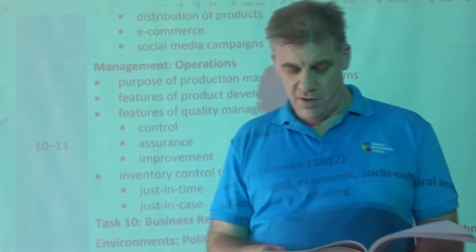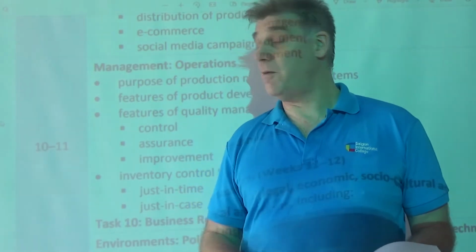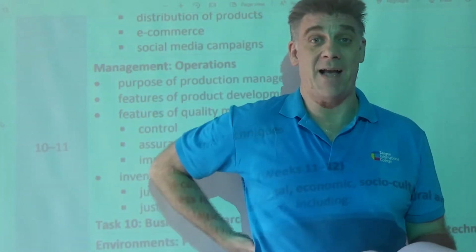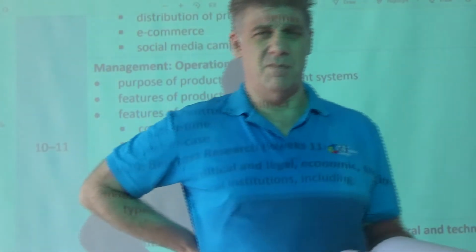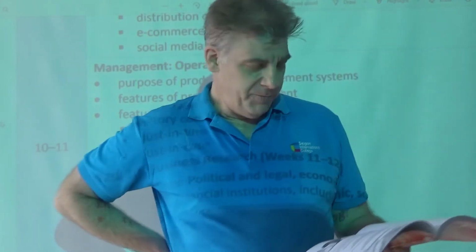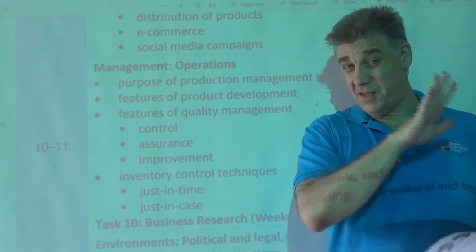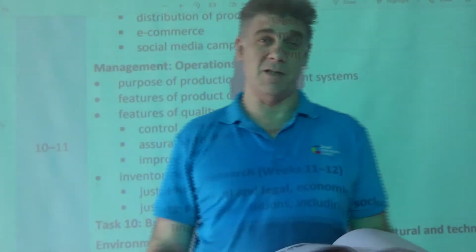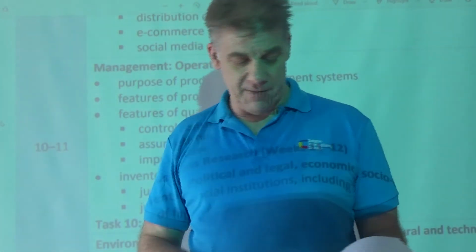Of course, the output is the finished product or service. And the output is going to have certain kinds of elements: dimensions, packaging, sizes, where it's sold, and how it's distributed. So that's the distribution chain. So this is the supply chain into production, and the outputs go down the distribution chain.